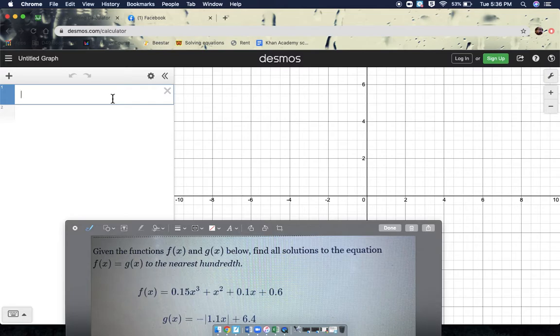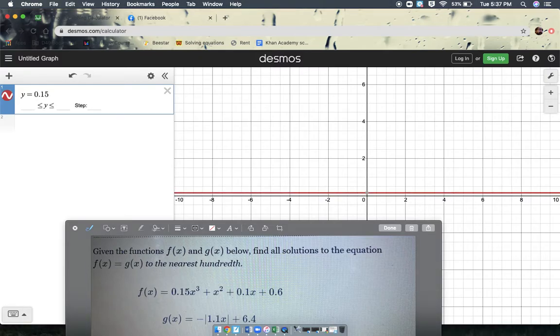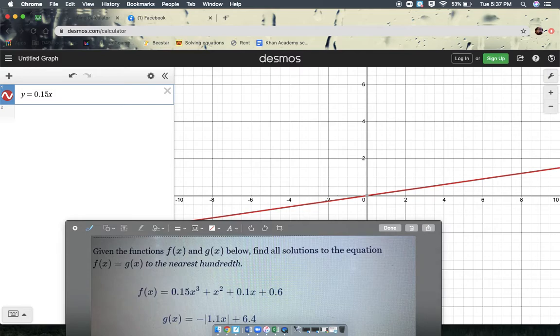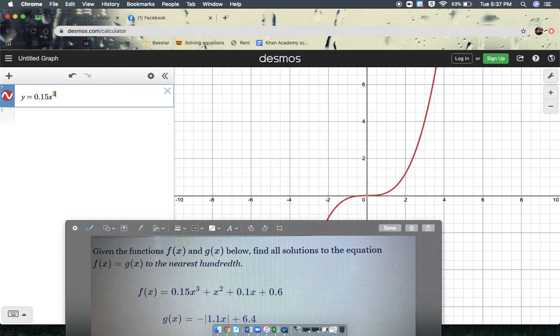So the first thing I'm going to need to do is type in the two functions. The first function, y equals 0.15 x cubed plus, gotta get back out of that.